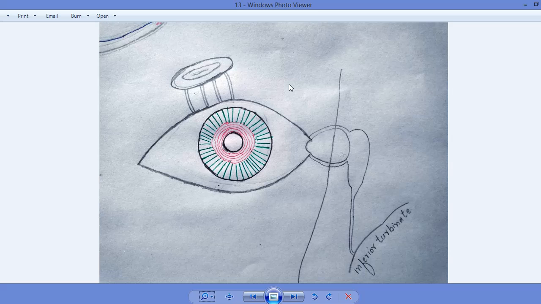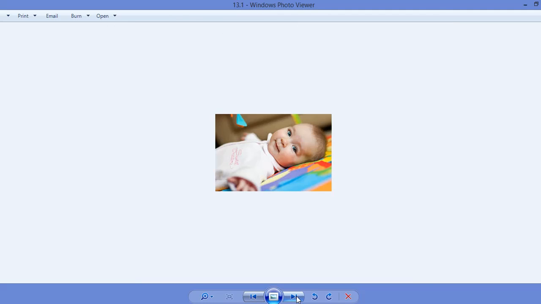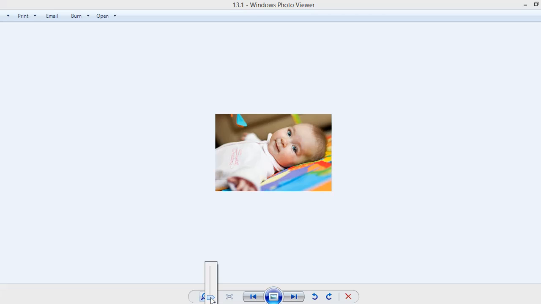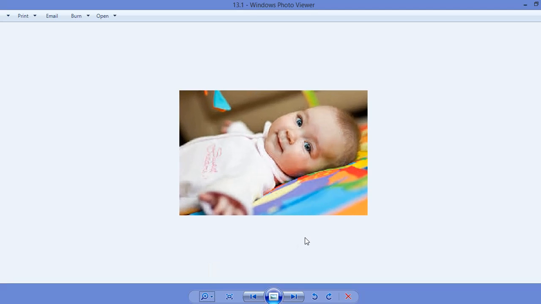Now, sometimes you will have seen this kid laying in a lateral position. You can also call it the recumbent position. When you lie in bed in a lateral position and keep your eyes open, what happens to your eyes?